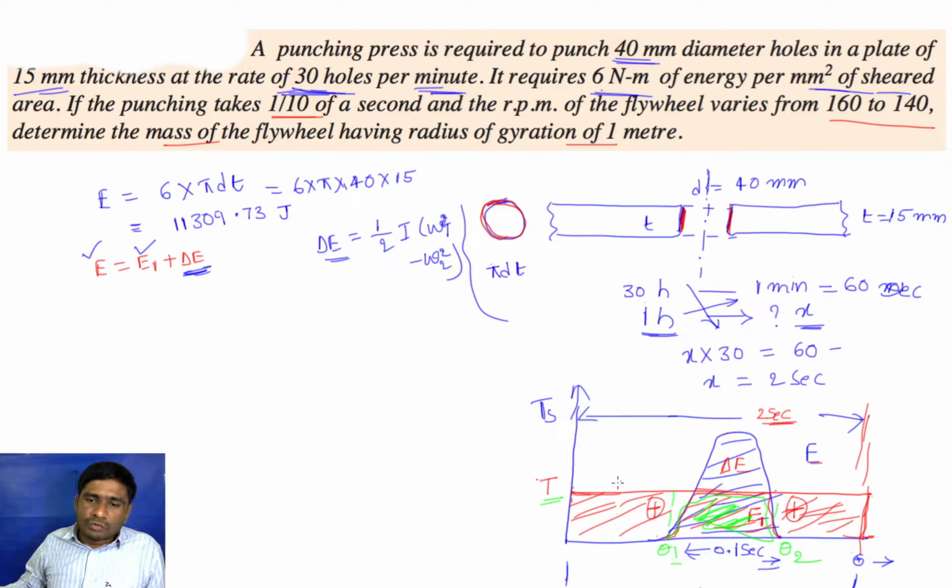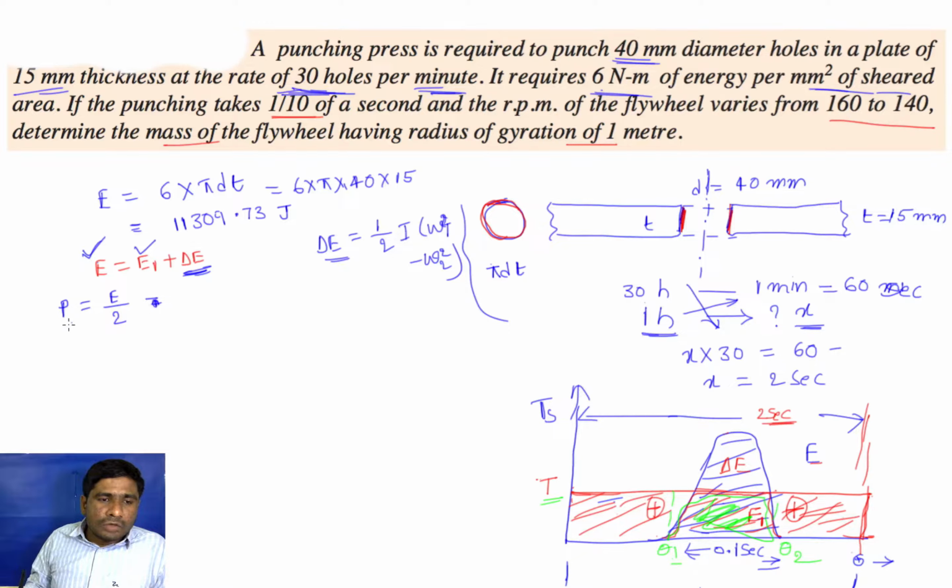We know E provided by the motor, that is this one. This whole area is equivalent to the red color area, that is the E provided by the motor. If you know E, what is the power? Power equal to E by time, that is E by the whole cycle time. So power equal to E by 2.